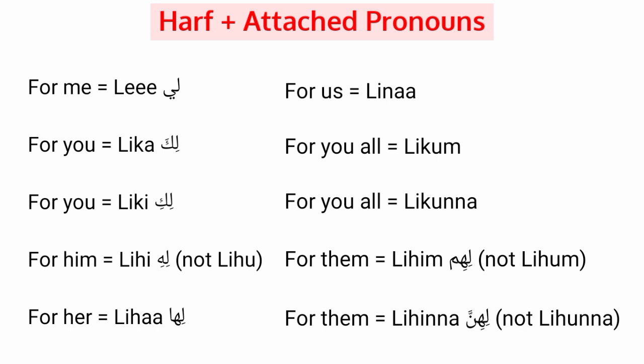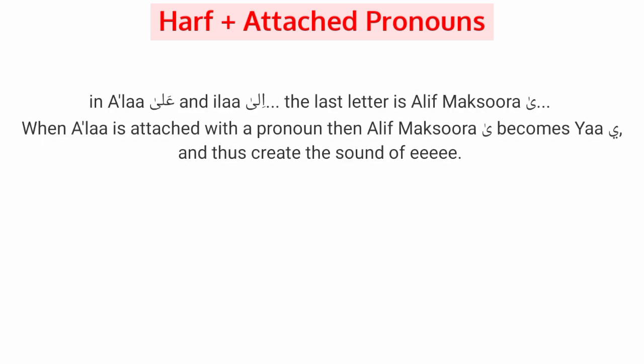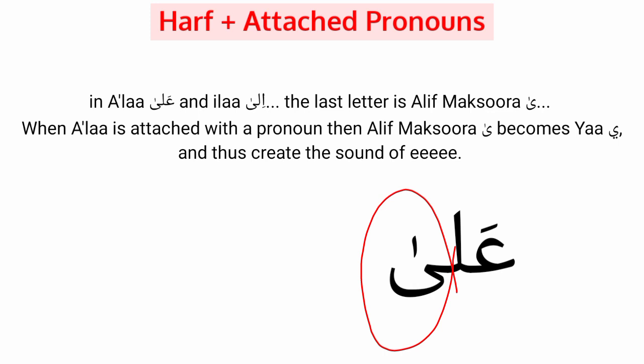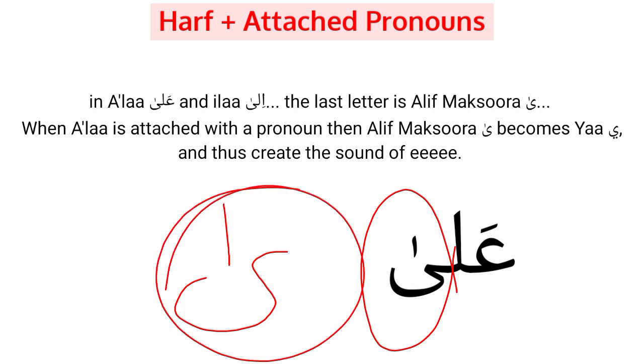Now, another thing that I need to tell you is for ala and ilaa. These two are different, and these two end with Alif Maksoora. So that's why it is different. You see, it ends with ya, with a standing fatha over it. This is called Alif Maksoora.